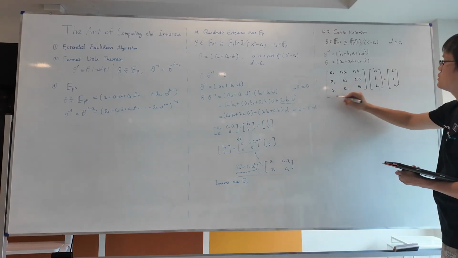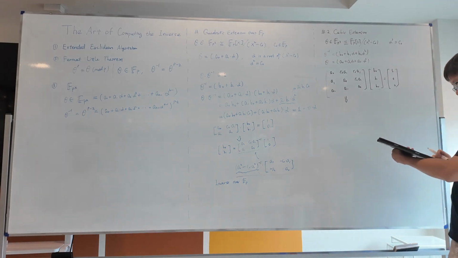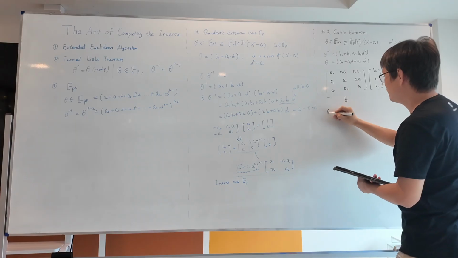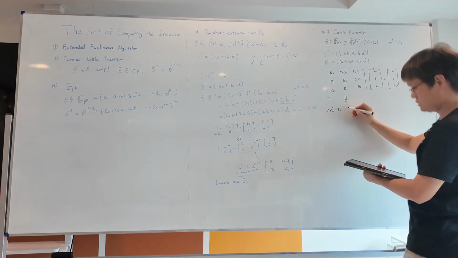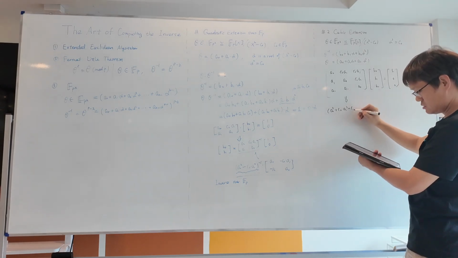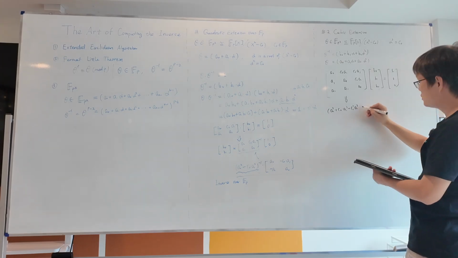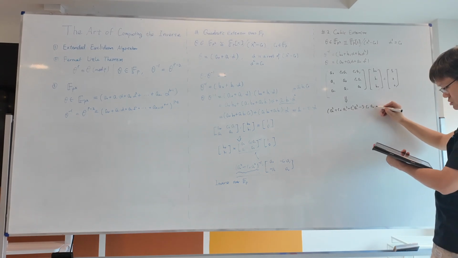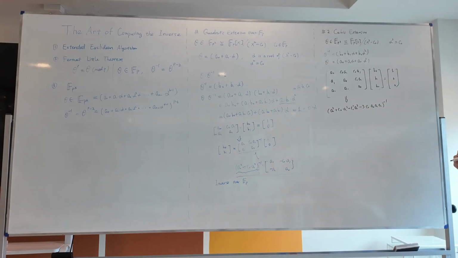Now we compute the inverse of this matrix. It is a little bit complex. We have A0 cube plus C1 times A1 cube plus C0 square A2 cube minus 3 times C0 times A0 A1 A2, inverted.